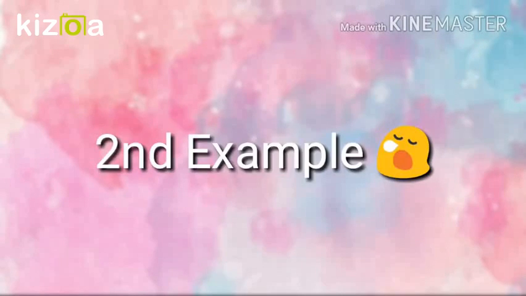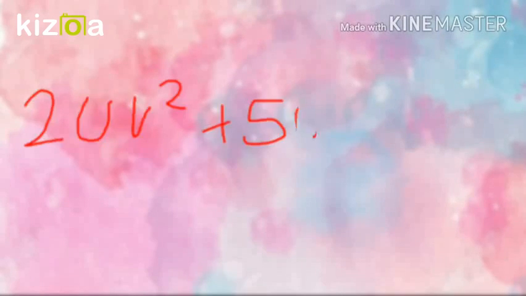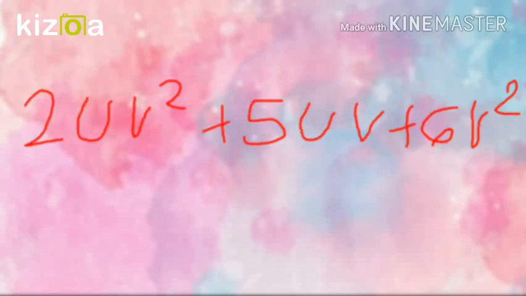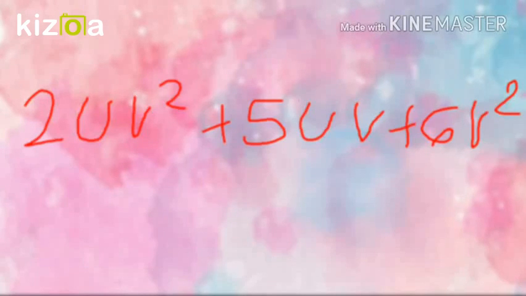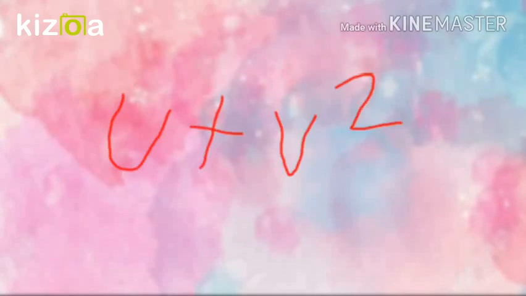Second example, 2uv squared plus 5uv plus 6v squared. So all of them have variables. Now, let's add the exponents to see which will have the highest sum. When you add u plus v squared, it has an exponent of 1 and an exponent of 2.